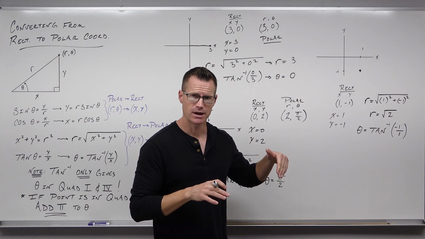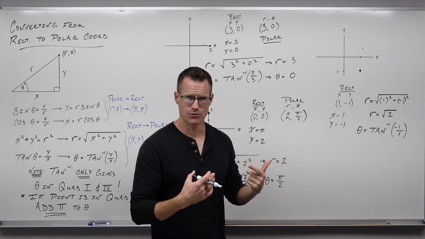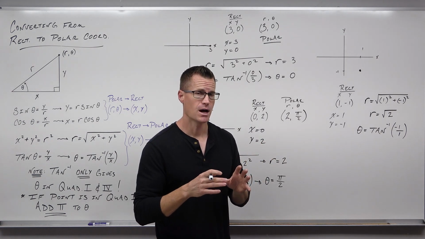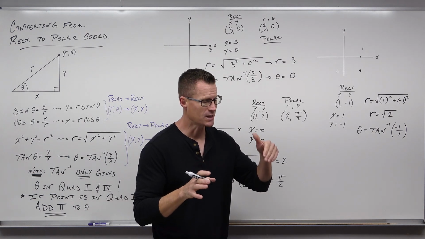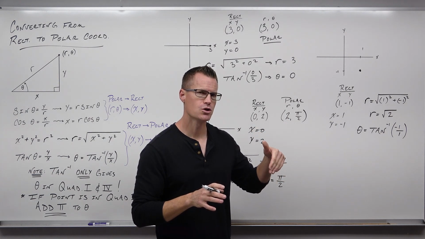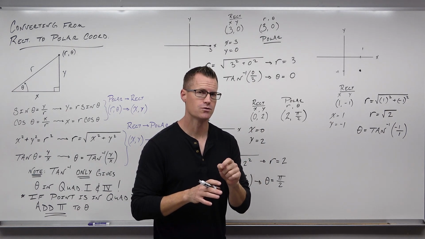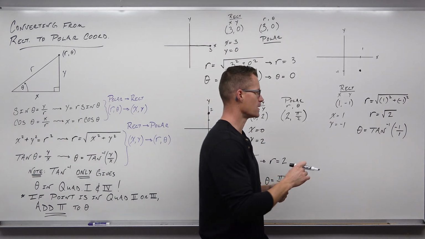So tangent inverse of -1 says, what angle will give me a y over x of -1? That's going to be -pi/4. That's how tangent inverse works. Remember, it gives you from -pi/2 to pi/2. So yes, it works in quadrants 4 and 1, but it will only give you out negative angles for quadrant 4. That's going to lead us to a note here in just a second.